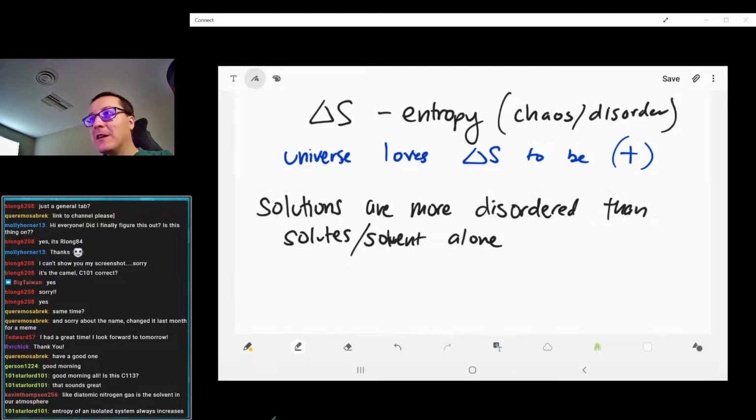There you go. So that's kind of the main reason that we get solutions in the first place, is because of this disorder. So that's going to be kind of the primary reason.